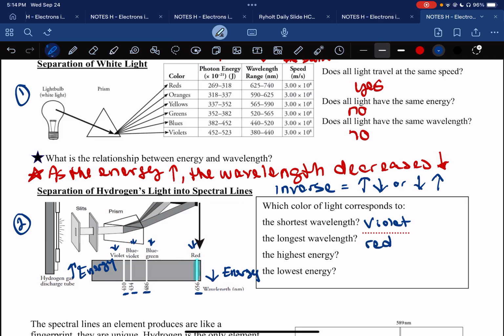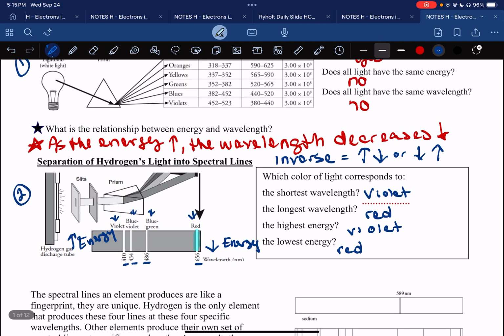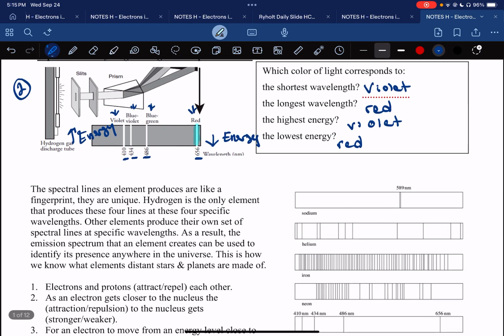Given what we know about the relationship between energy and wavelength, the highest energy is going to be the shortest wavelength because these are inversely related. And the lowest energy is going to be the red, again because we have that inverse relationship.